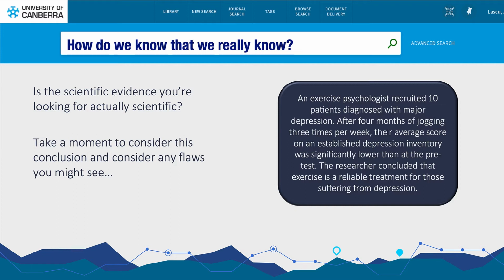So our conclusion here is that an exercise psychologist recruited 10 patients diagnosed with major depression. After 4 months of jogging 3 times per week, the average score on an established depression inventory was significantly lower than at the pre-test. The researcher concluded that exercise is a reliable treatment for those suffering depression.